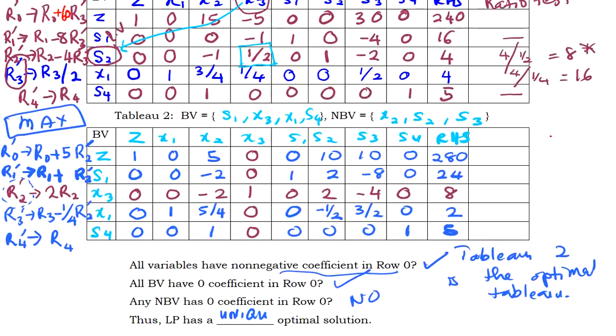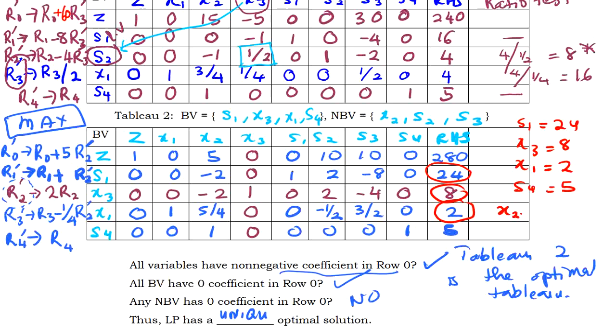So, the optimal solution is S1 equals to 24, and then we have X3 equals to 8, X1 equals to 2, S4 equals to 5, and all NBV equals to 0.